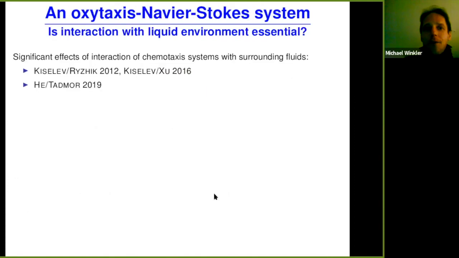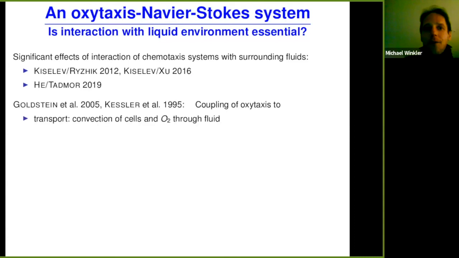Okay, what can you do? You can ask the literature again, and the literature from the group of Raymond Goldstein claims that fluid interaction may be responsible for the phenomena we have seen in the droplet.